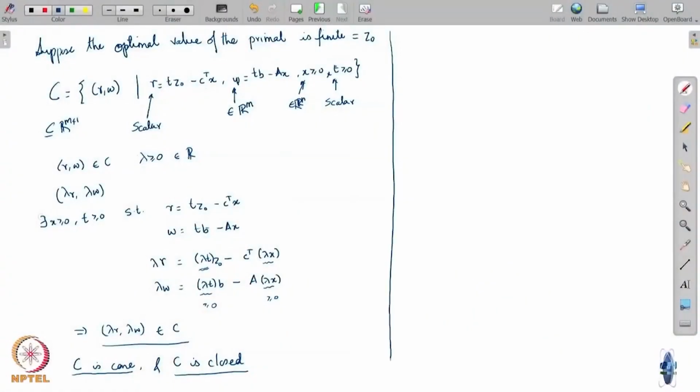You can think of a set S like this, which is (R, W, X, T) such that R is equal to T Z0 minus C transpose X, W is equal to T B minus A X, and X is greater than or equal to 0 and T greater than or equal to 0.